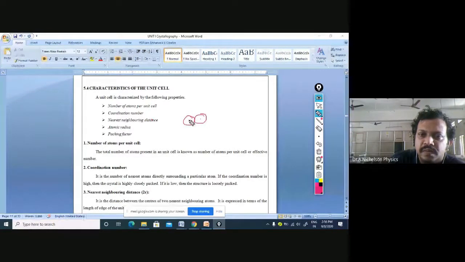It is given by 2r, because half of this distance is r, so totally it will give 2r. Based on the different structure, this value will change. As of now, just keep in mind that it is the distance from the center of one atom to the center of another atom.